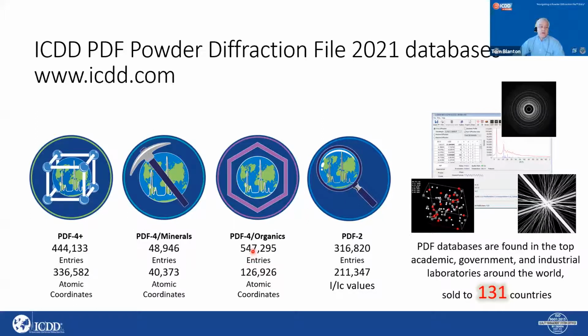We have the Organics database, which emphasizes organic materials, particularly useful for people studying pharmaceuticals, pigments, dyes, etc. The PDF-2 database, 316,000 entries, is used primarily for phase ID. You can do semi-quant with the I/Ic values for the RIR method. So from the combination of the different databases, one can select the best one for your particular applications.